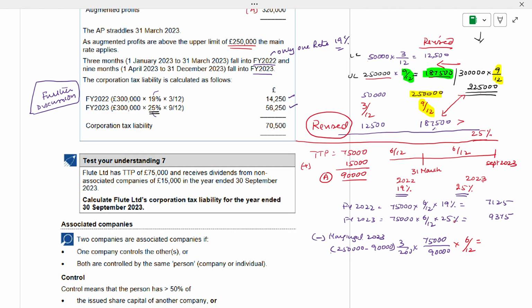Now we will take it for 6 by 12. How much will it come? $1,000.